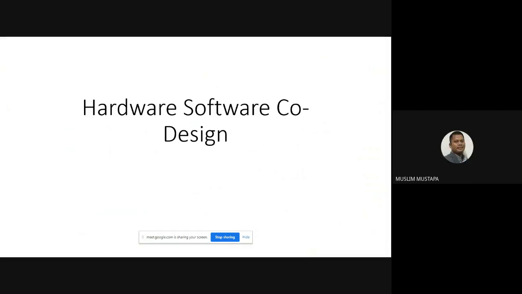So for example, like you said, Omar, the PS4 is using SoC. And then in the server market right now, Google and Amazon are using SoC. That is the high end. But if you go to the low end, look into your activity tracker, Mi Band, Huawei band, and also Samsung, they are using SoC.